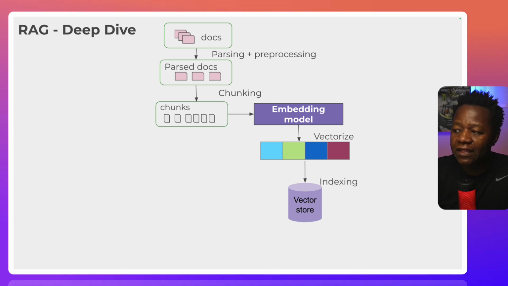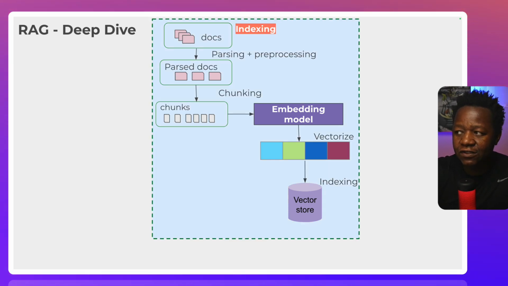All of this process is what we call indexing, right? Because we pull in information, in this case documents, chop it up, and then put all of that into a vector database. So we are transforming the chunks of documents into embeddings, which are then added into the vector database. So this is all indexing.